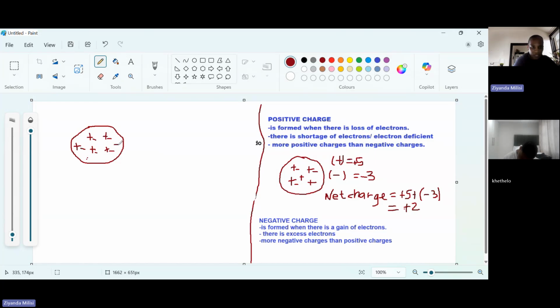I talk about electrons being added, not protons being added. So from this diagram, you can tell me how many positive charges do we have? Positive 5. How many negative charges do we have?